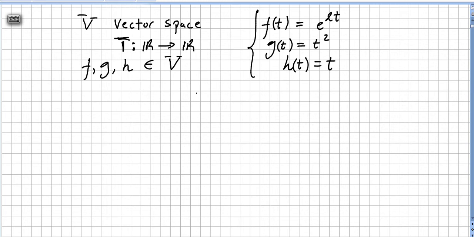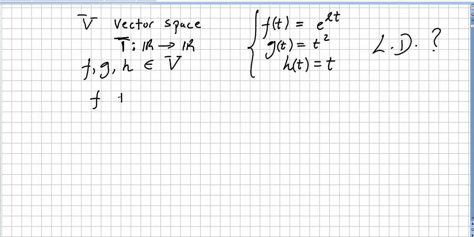Okay, the question is, are f, g, and h linearly dependent or linearly independent? Okay, so let us check that. In spite of this being a space of functions, we have to do the same, right?